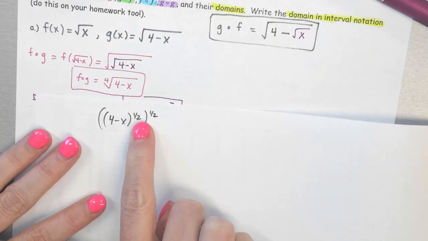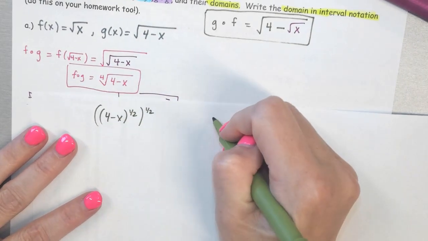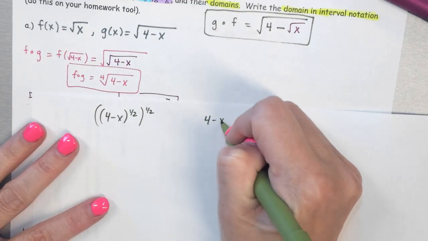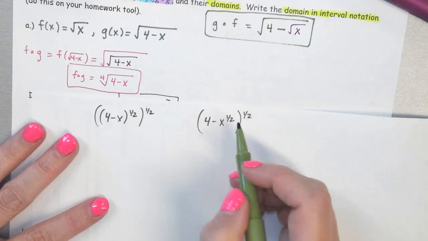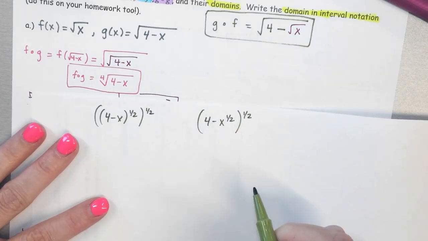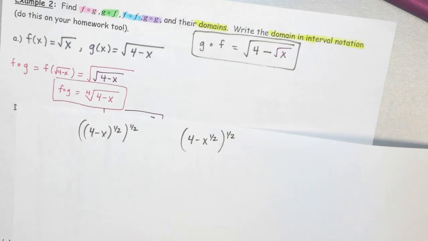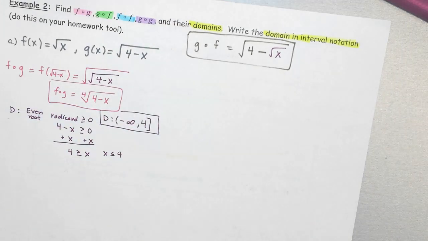For this, it would be 4 minus x to the 1/2. That whole thing would be 1/2, and you wouldn't distribute here. You can't distribute when you have the minus. That's why it is not going to simplify.